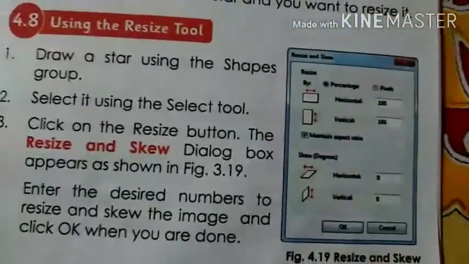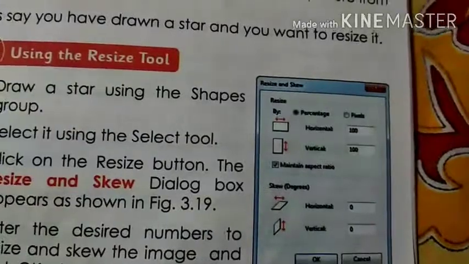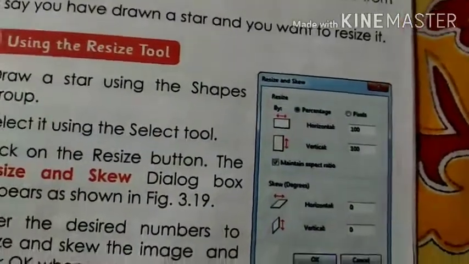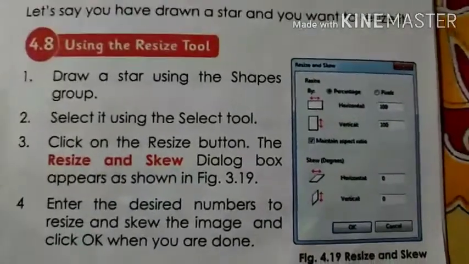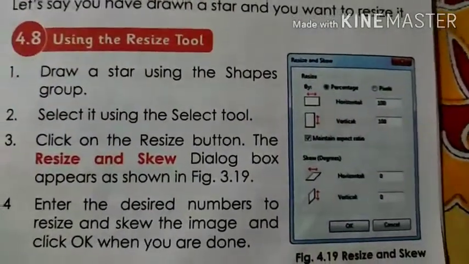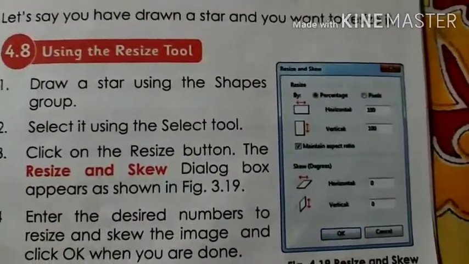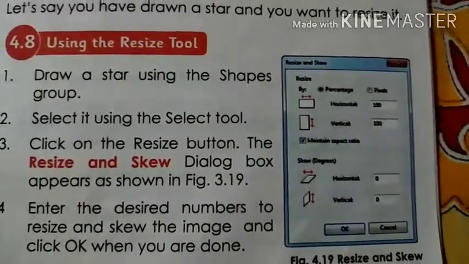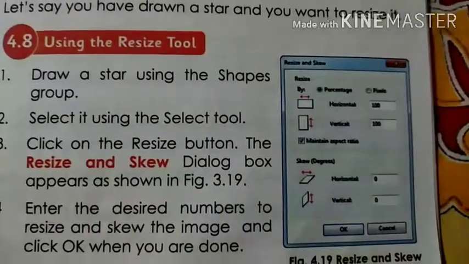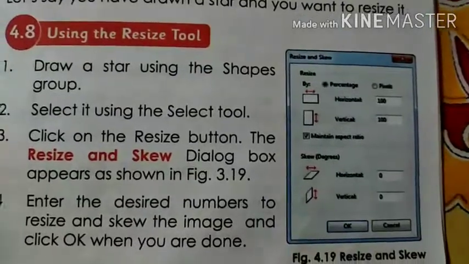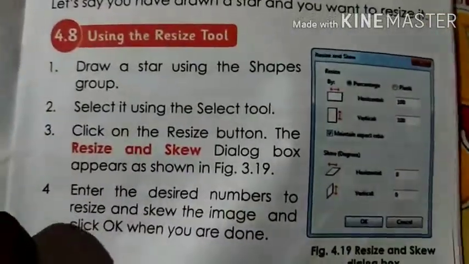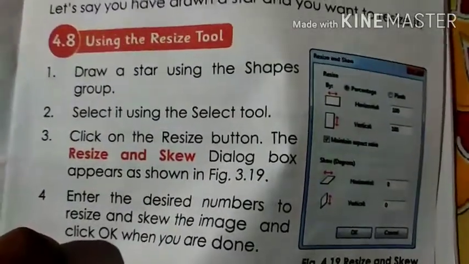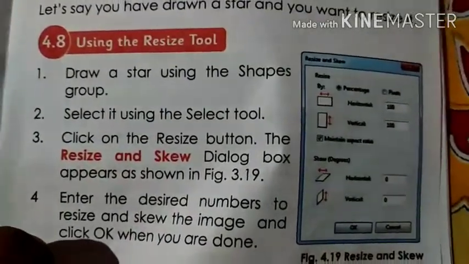This is how you can resize your shapes. Another option is, when you are inserting shapes into your MS Paint drawing, at that time you can drag the mouse and change the size of your shapes. So these are the two ways you can resize your shapes.